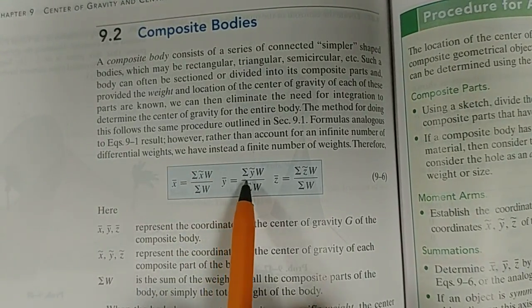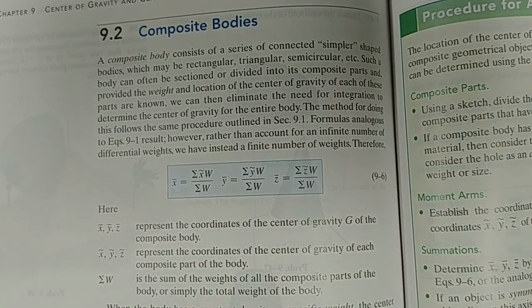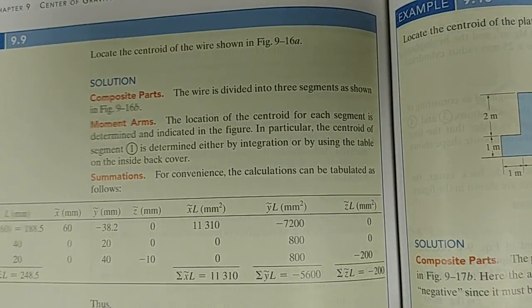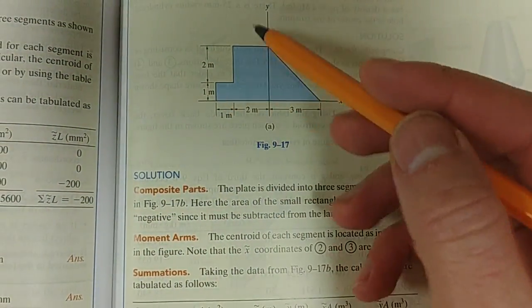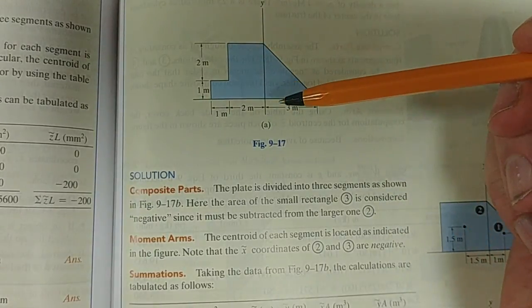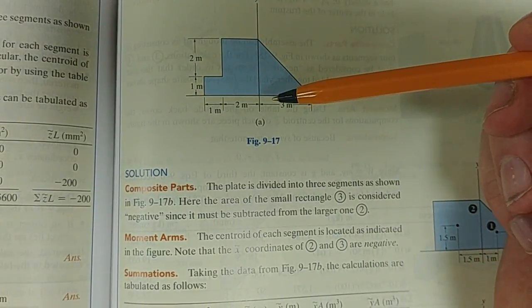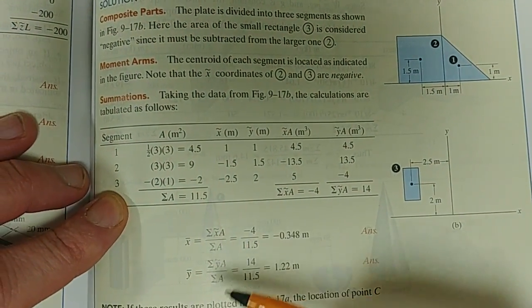There are summation signs, meaning we're summing up discrete elements. So here is an example. I'm not going to go through this example, but here you've got a complicated structure. All we need to do is break it up into simpler structures and apply this kind of equation here.